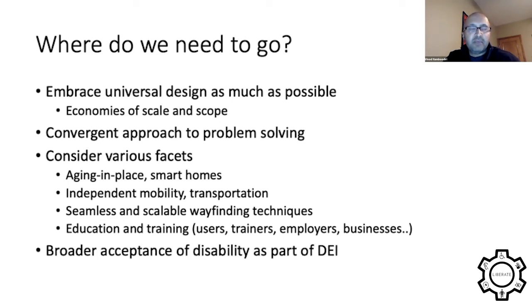And finally, but not necessarily the least, is broader acceptance of disability as part of diversity, equity, and inclusion initiatives. I think we need to really work on that. I think agencies like NSF do a good job by clearly making it apparent that disability is part of the broader impacts, the broadening participation.